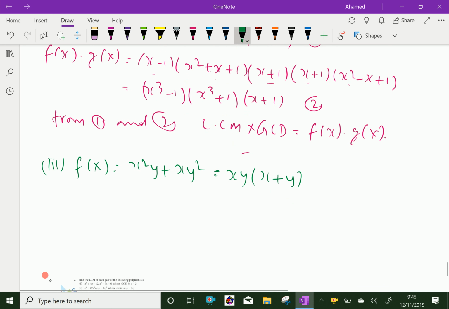Then g of x is given as x square plus xy, which with x common is x into x plus y.